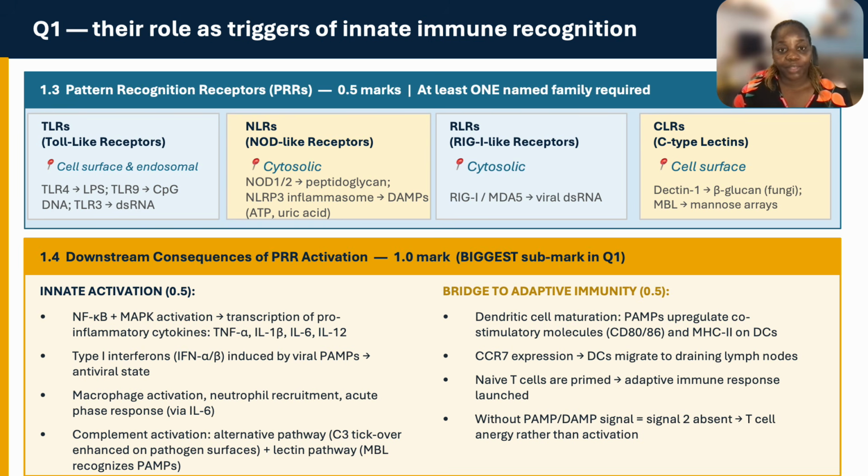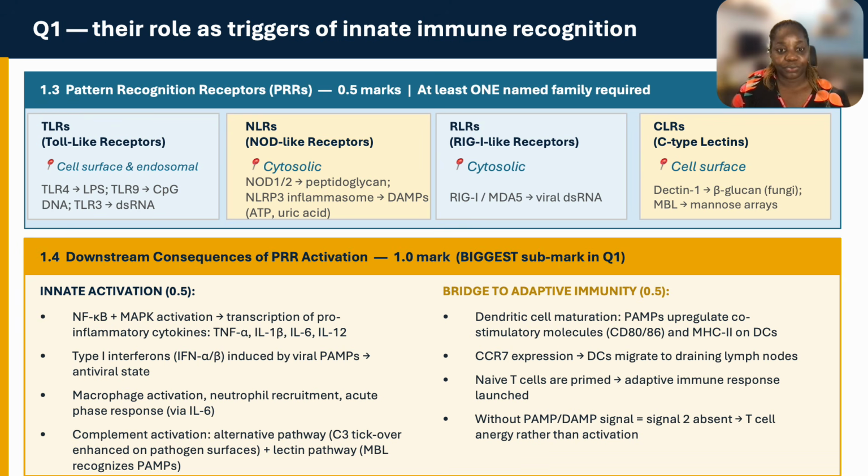So for criterion 1.4, actually that one is the most important one, since it carries the full 1 mark, and it is split into 2 equal halves. The first 0.5 marks are for correctly describing the innate immune activation.